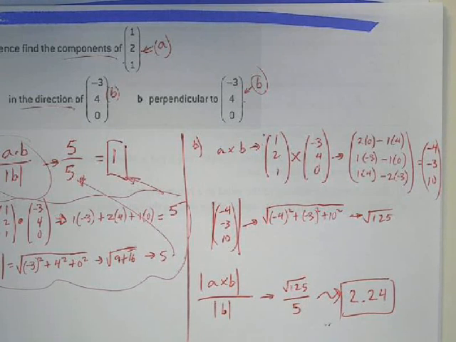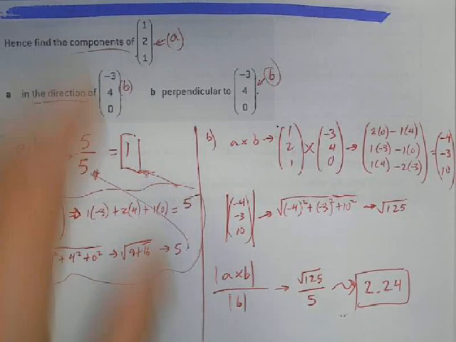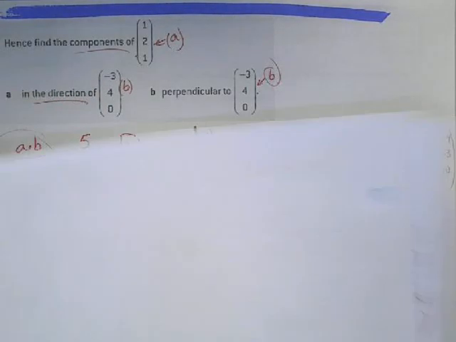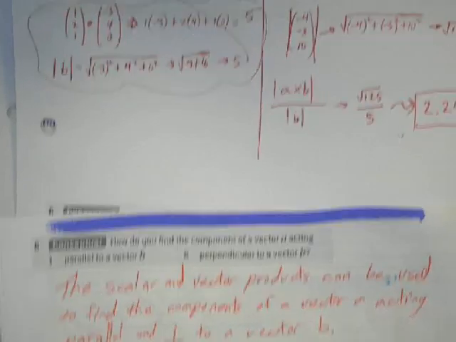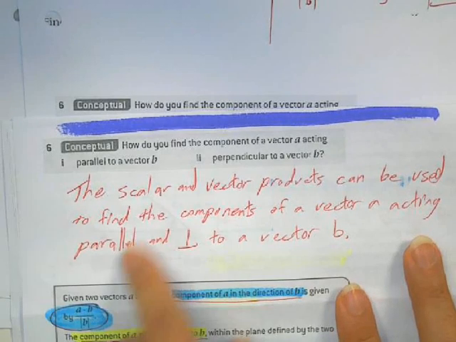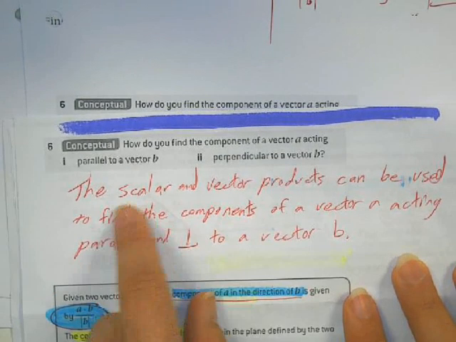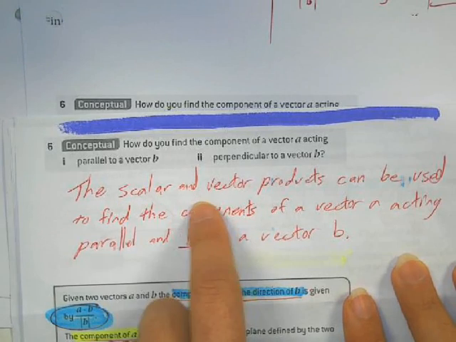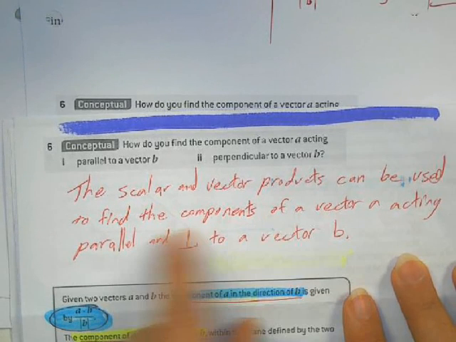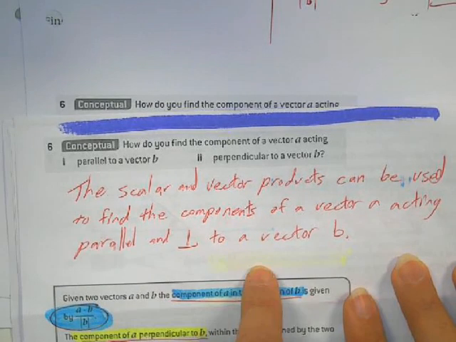Okay, so the next part is, how do we find the components of a vector A acting parallel to a vector B and perpendicular? The scalar and vector products can be used to find the components of the vectors acting parallel and perpendicular to B. Maybe we'll hit pause and copy this down.